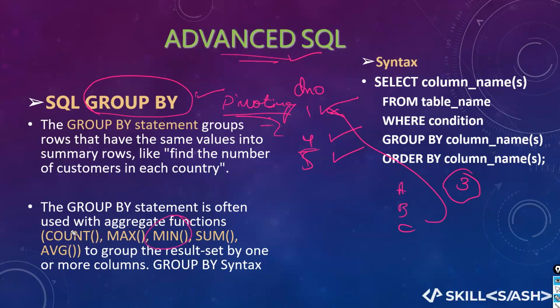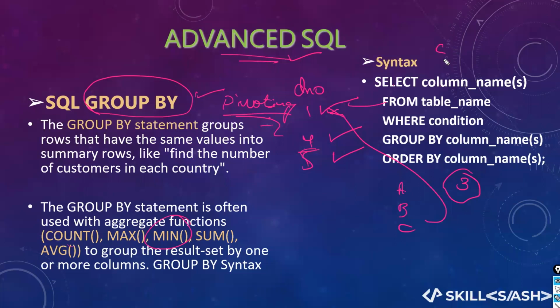What is the total members department wise? You will go for count. What is the average salary department wise? You will go for average. So guys, is it clear? Group by is used to summarize the output according to some condition. Here the condition is department wise, what is the total salary? Department wise, what is the total number of people?